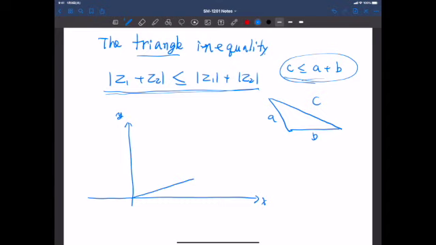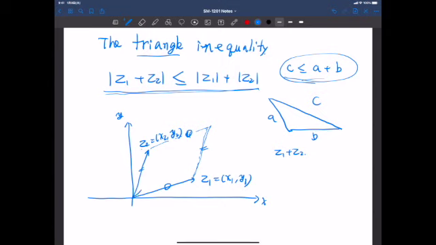Suppose we have two complex numbers, z1 and z2. So that's x1 and y1, and that's x2 and y2. If you add these two numbers, graphically, we draw a parallelogram. So this and this are parallel, and this is parallel.